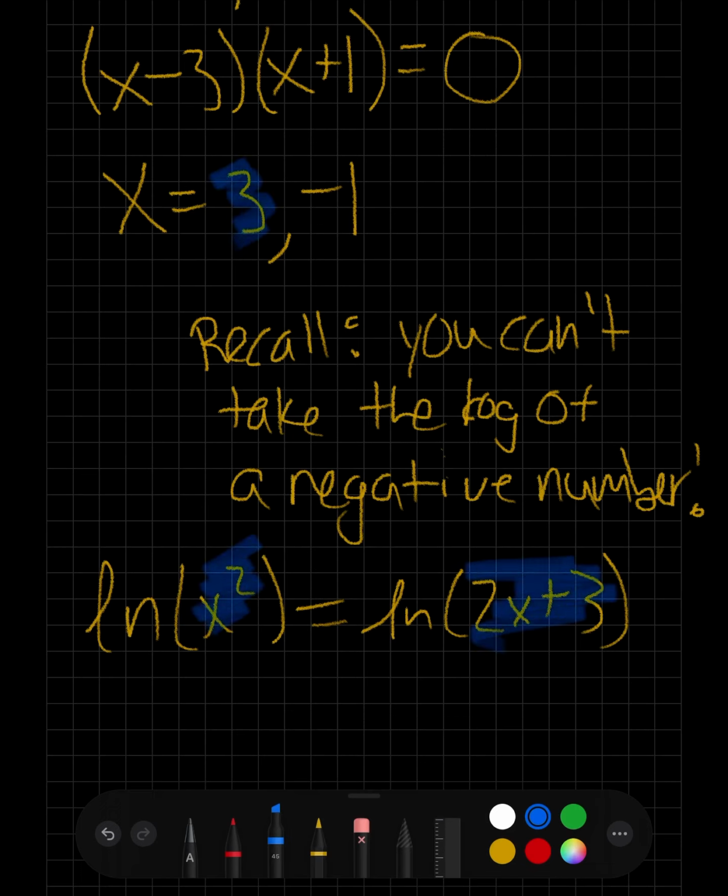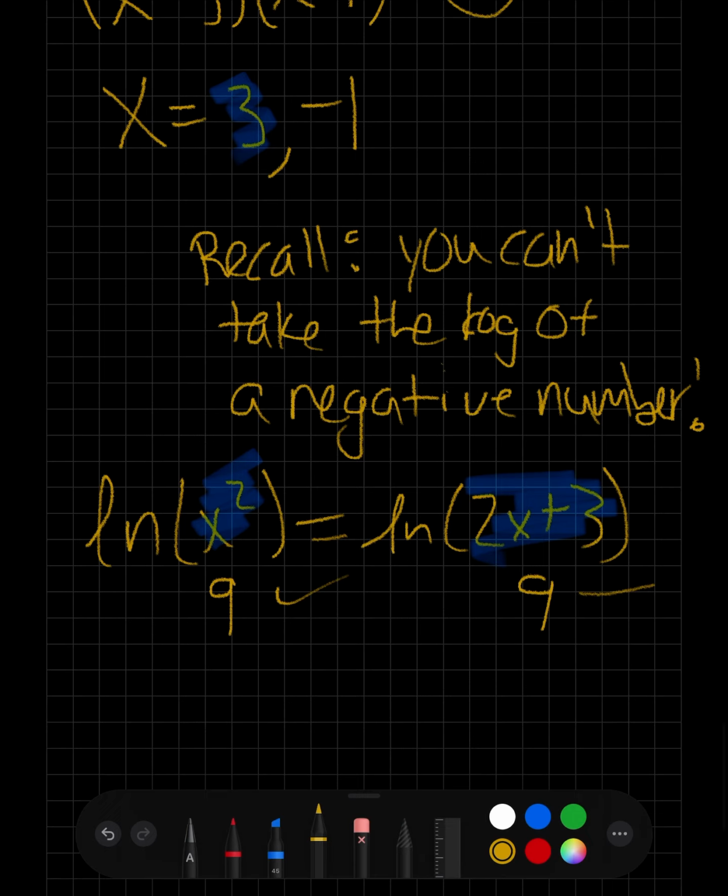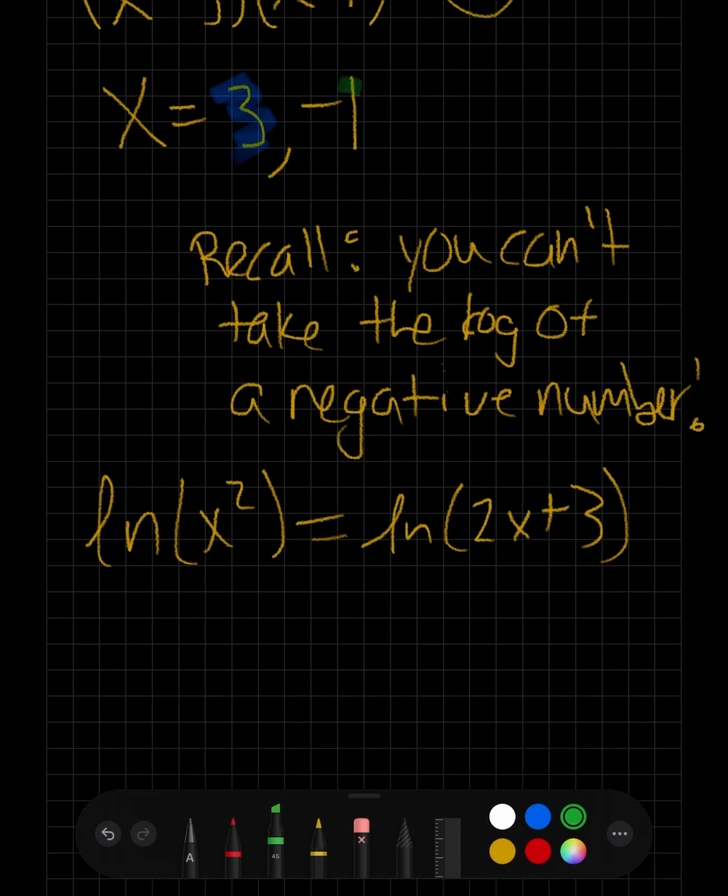And we have to make sure that if I plug in x is equal to 3, I don't accidentally end up with a negative number. I see if I plug in x is equal to 3, I'd get 9 and 9. That's great. And then I'm also going to check by plugging in x is equal to negative 1, and make sure that I don't get a negative number there.